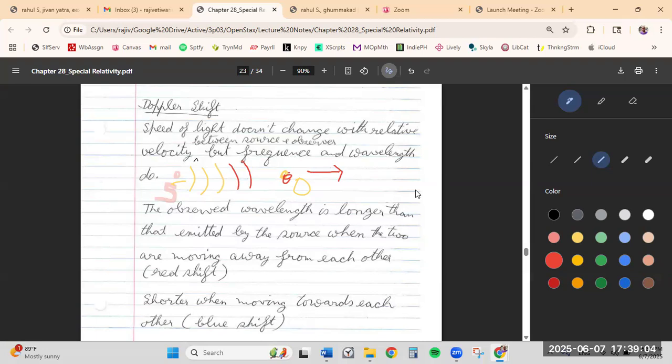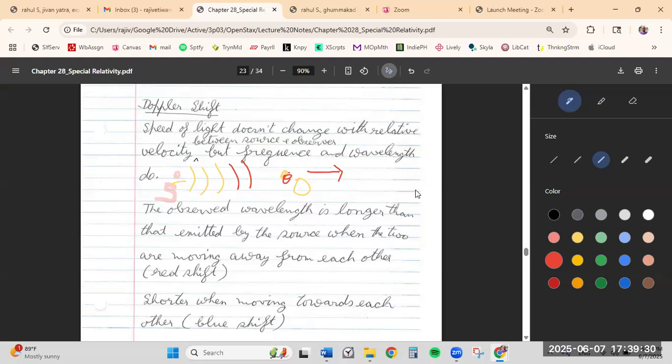So there'll be more gap between the successive wave fronts, which basically means that the wavelength would be larger, or the frequency would be smaller. So fewer wave fronts will reach the observer per unit time. That's a smaller frequency.